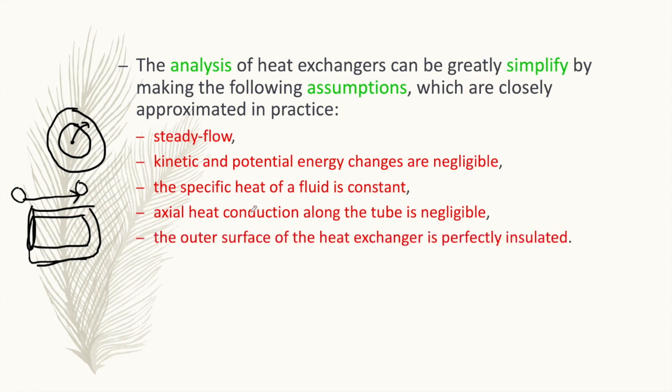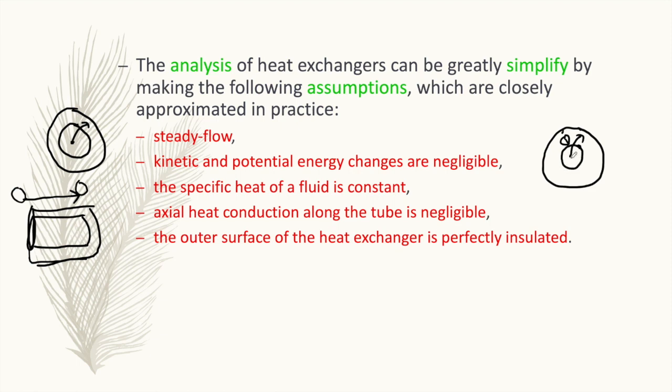Next is that the outer surface of the heat exchanger is perfectly insulated. If we are referring to this figure, the double pipe heat exchanger, and we consider the transfer of heat from inside of this tube to outside of this tube, the Q will be constant.